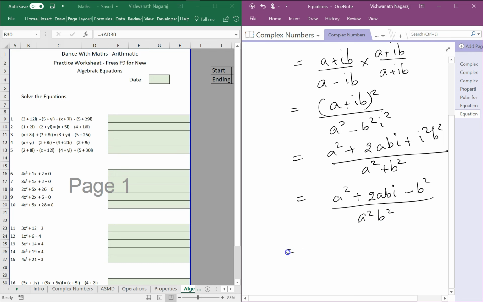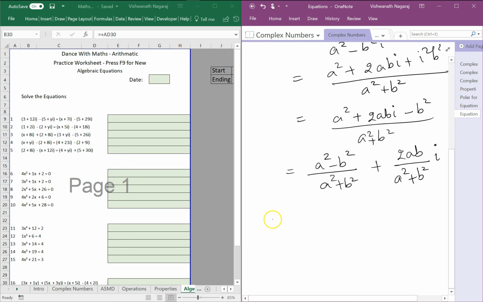Okay, now let's split up the imaginary and real part. So a square minus b square by a square plus b square, plus 2ab by a square plus b square i.